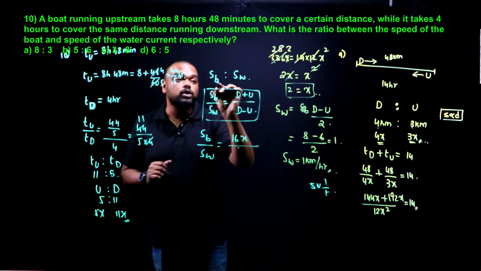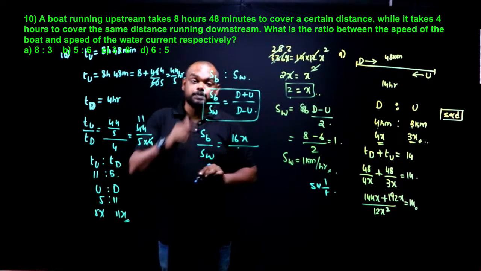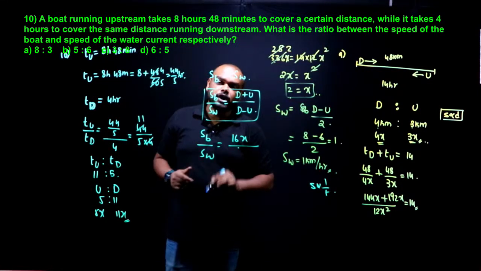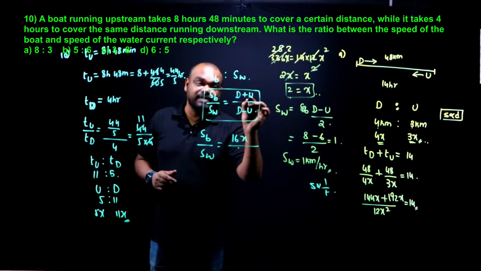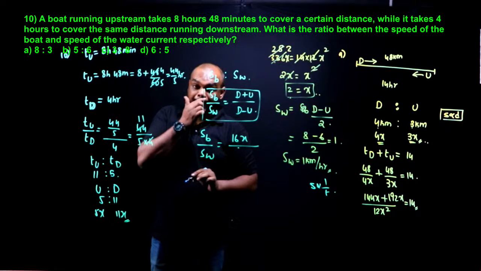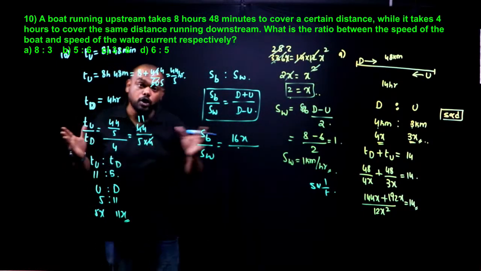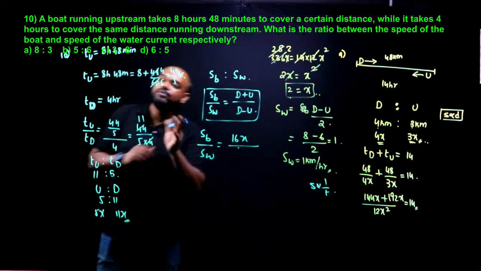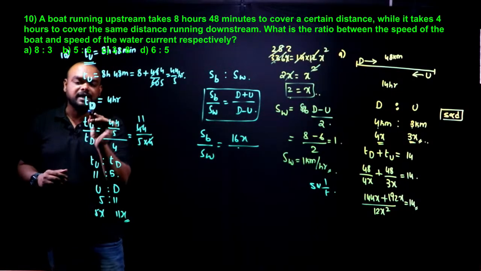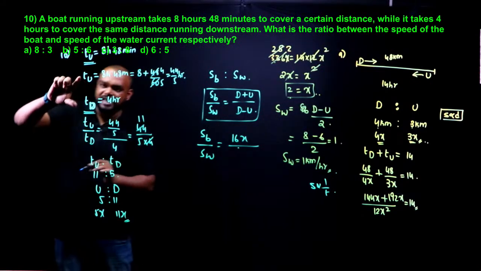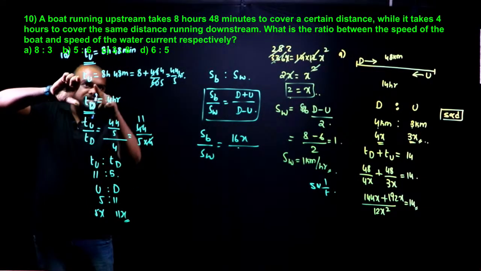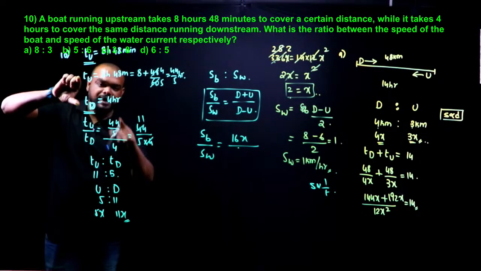The ratio of the speed of the boat to the speed of water, SB by SW. We know SB is D plus U by 2 and SW is D minus U by 2. The 2 gets cancelled, so we have D plus U divided by D minus U. But do we have our D value and U value? No. But luckily, we have the time taken during upstream and downstream. If I take this TU by TD, what is TU? 44 by 5. TD, 4.